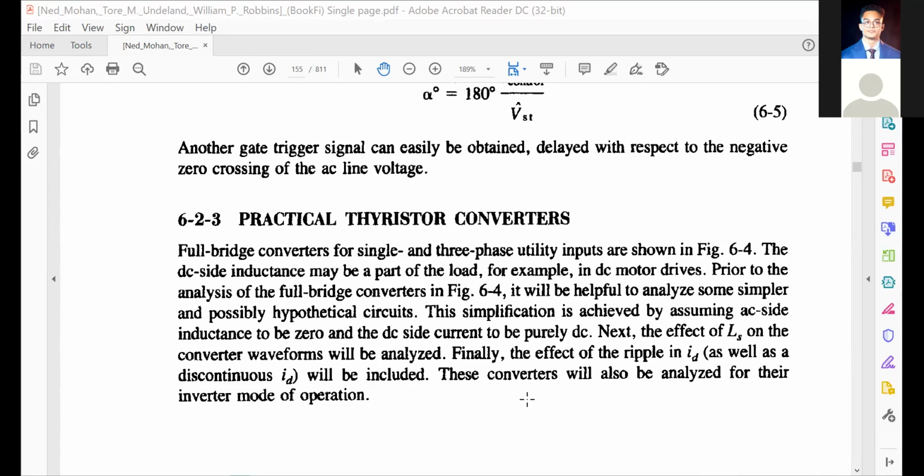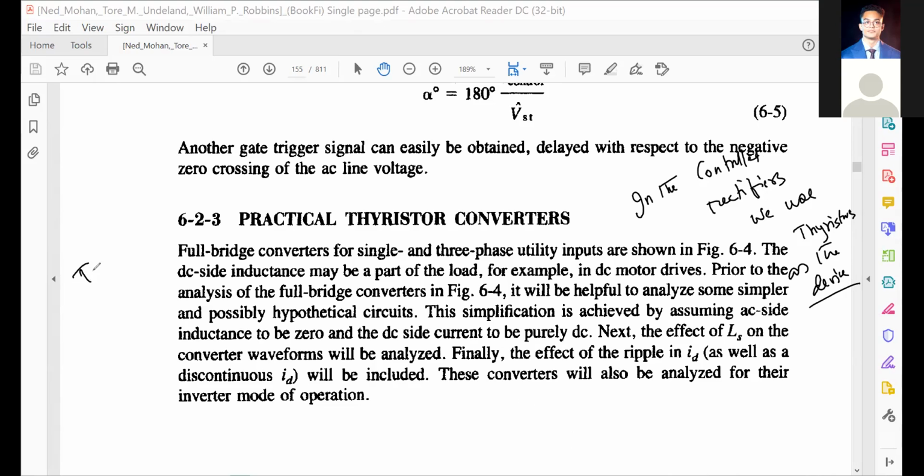So we are talking about the controlled rectifier, and you know that the controlled rectifiers will use the thyristor as the device, right?